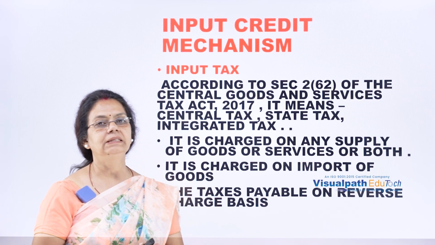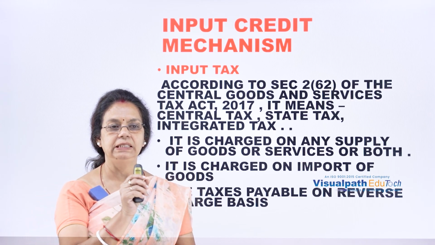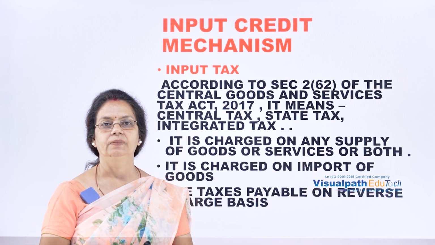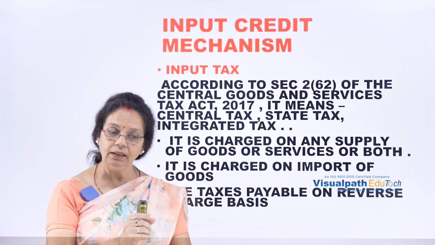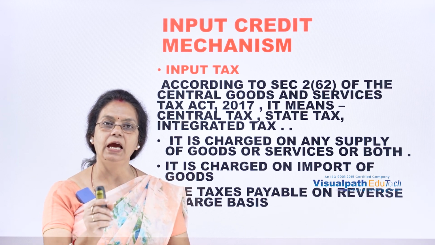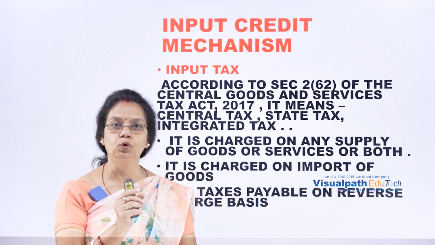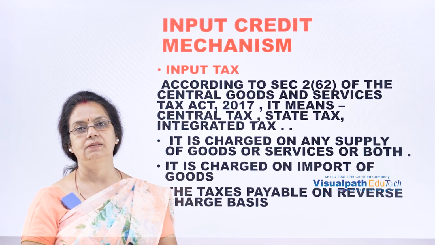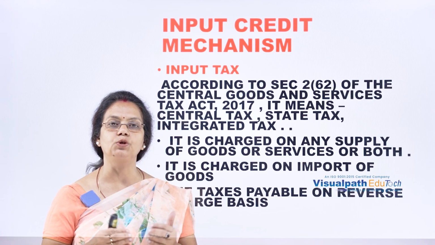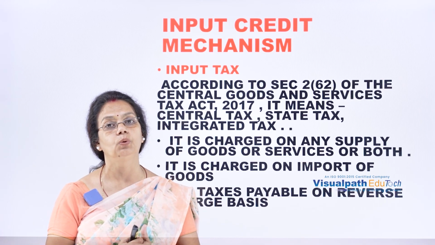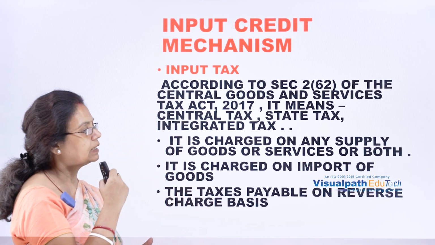So one tax is known as CGST, Central Goods and Service Tax. Another is SGST, State Goods and Service Tax. Both these taxes together are known as integrated tax.